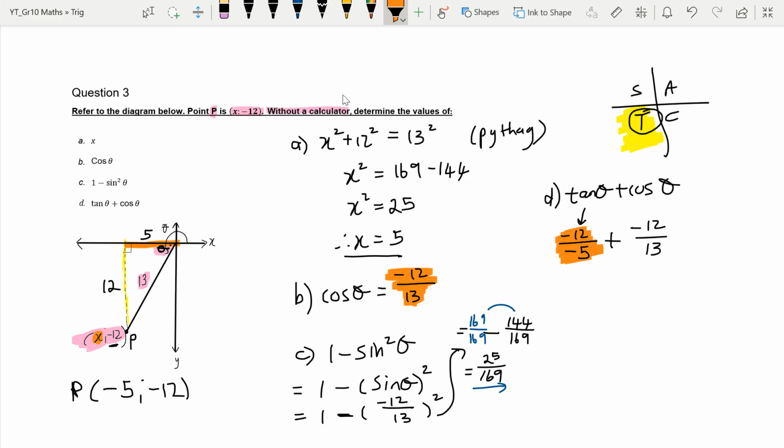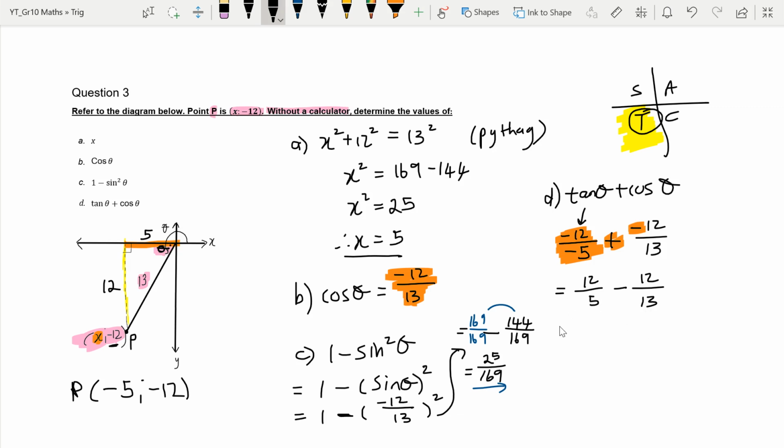Because it's that negative divided by negative, which will give us positive 12 over 5. And then we are going to subtract 5 over 13.